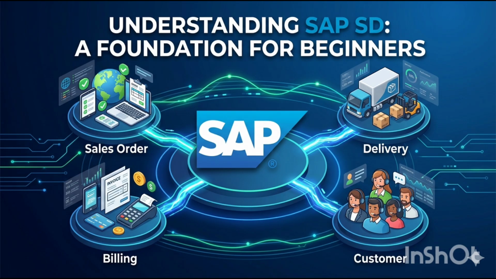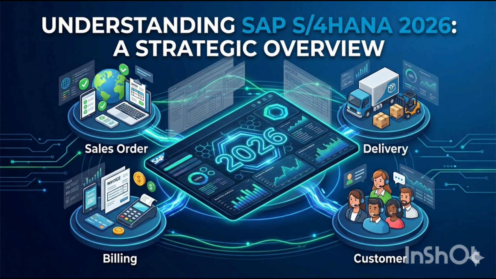Now, let's understand what makes the 2026 release special. S/4HANA 2026 is the latest intelligent ERP suite released by SAP. Unlike the older ECC systems, S/4HANA is built on the powerful HANA in-memory database, which delivers lightning fast performance for real-time reporting and analytics.